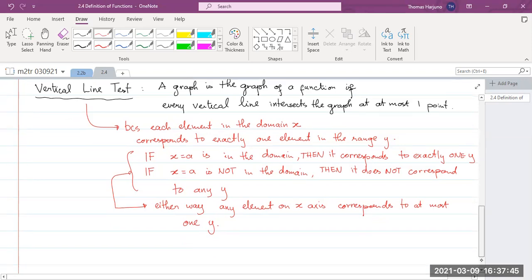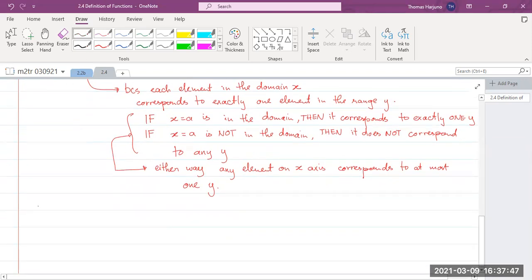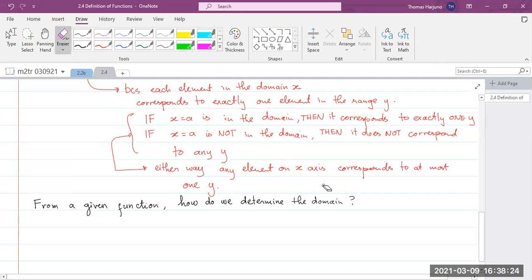The more difficult part is actually, from a given function, how do we determine the domain? Okay, to be more precise, how do we determine the natural domain?